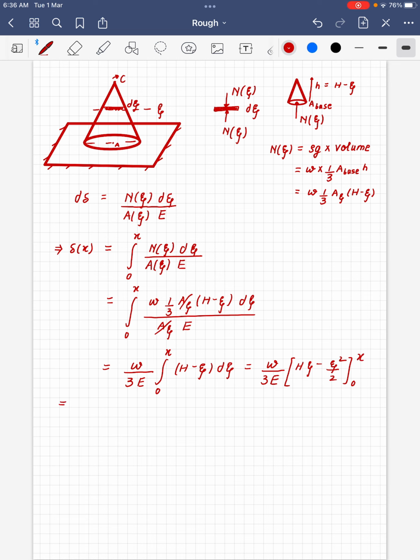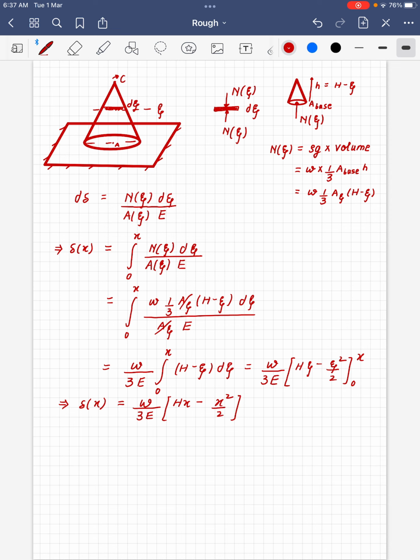So finally the deflection at any location x is equal to W by 3E into (hx minus x square by 2).